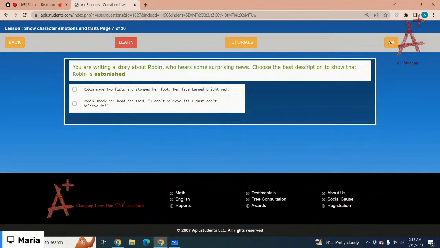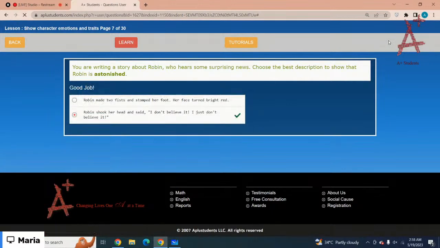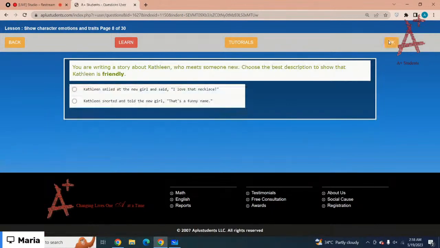Yes, that would be the second one. She is astonished, so she just can't believe it. Astonished means greatly surprised. So that would be the second one.